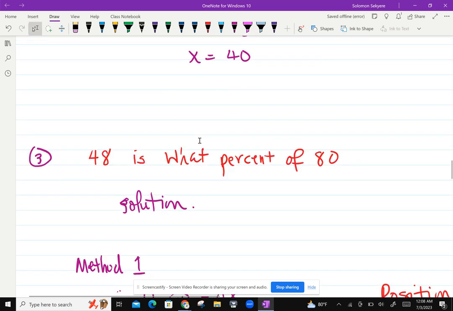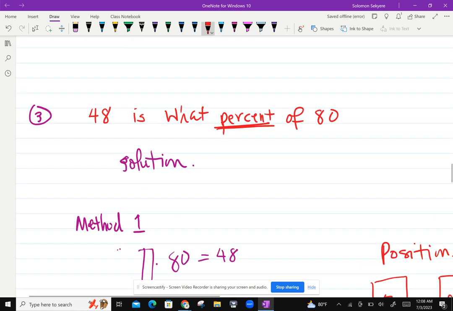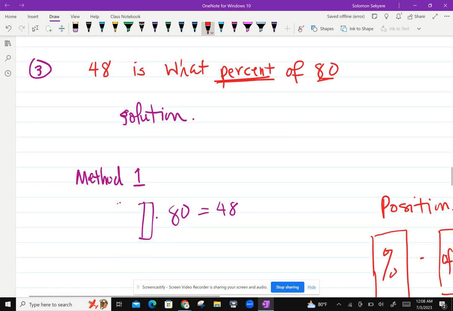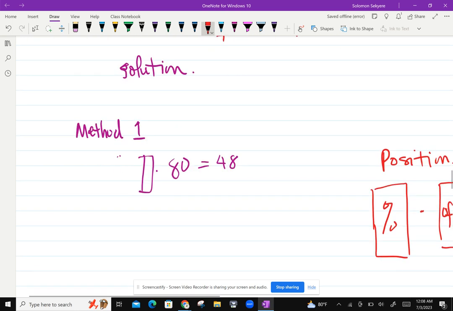Calculate, you get 40. Okay, number 3. 48 is what percent of 80? What have you been asked to calculate? Percent. I'll send you this worksheet. Calculate it. What did you get?